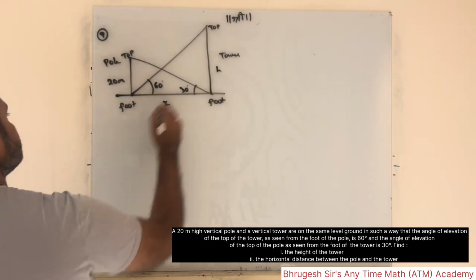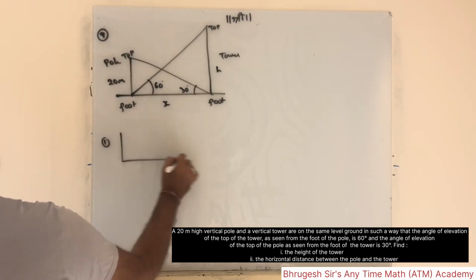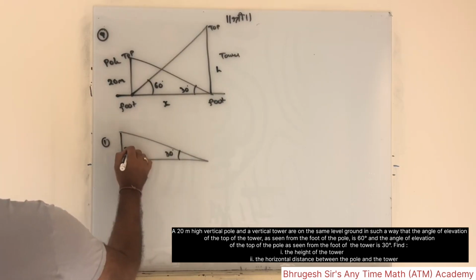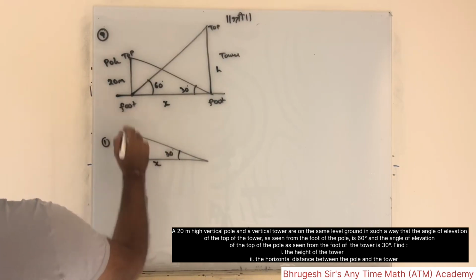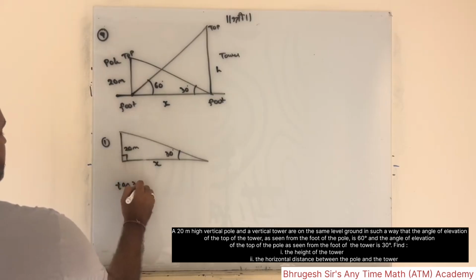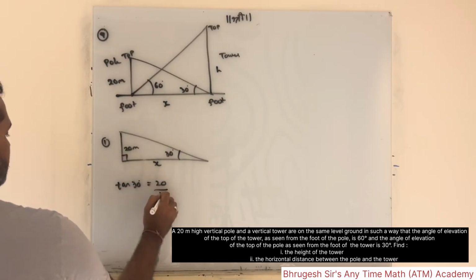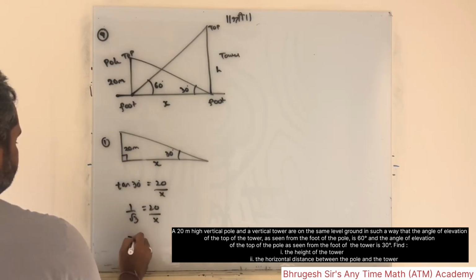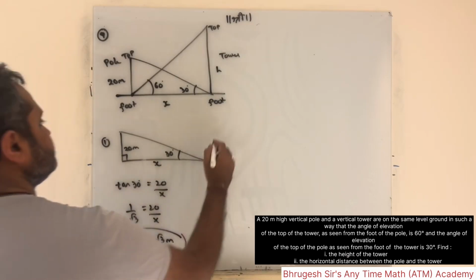Okay. So tan of 30 degrees is 20 upon x. Correct?